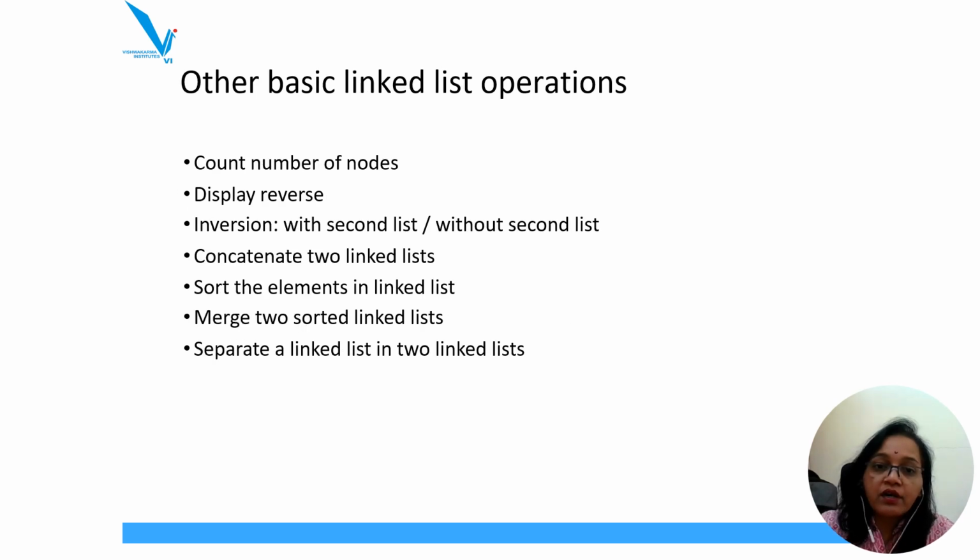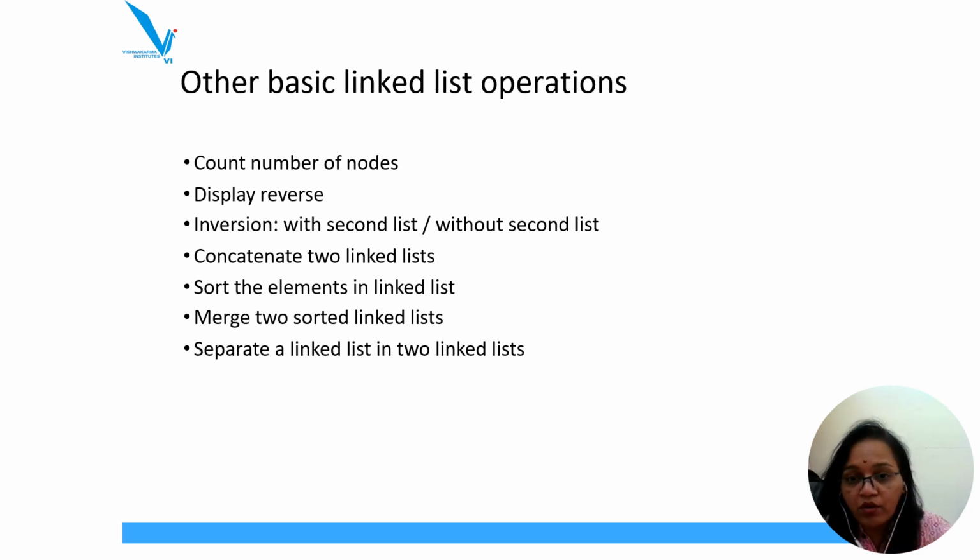What are the other operations, apart from what we have seen till now, that we can perform on a linked list? We can count the number of nodes to find out the length of the list, right? Then you can display the reverse list also. You can have the inversion operation with a second list or without a second list.